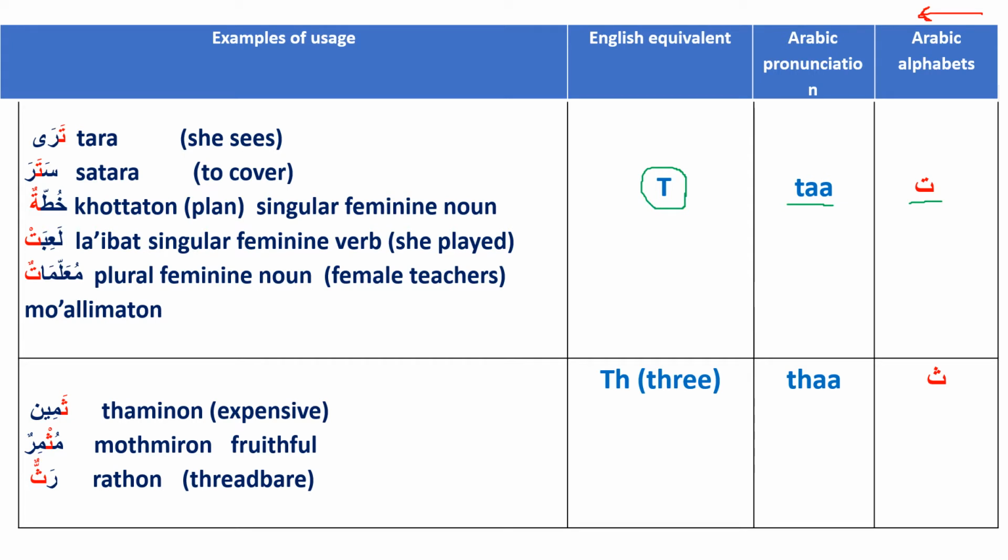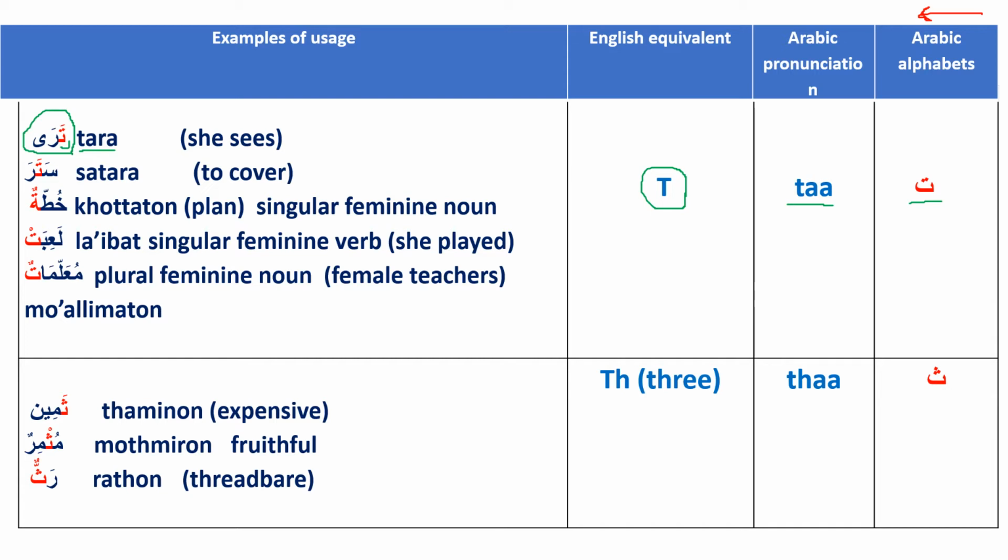Now let's see its variations when it is written within words. Let's start with the first word here. This word is pronounced like this, tara, tara. If you see, this is how we write ta when it comes at the beginning of a word.